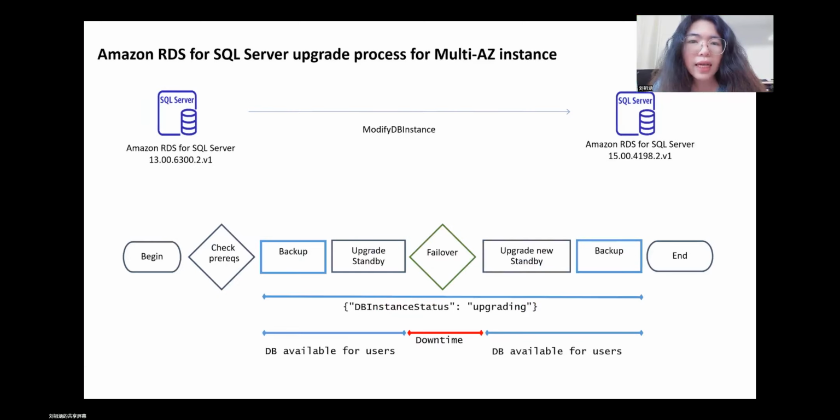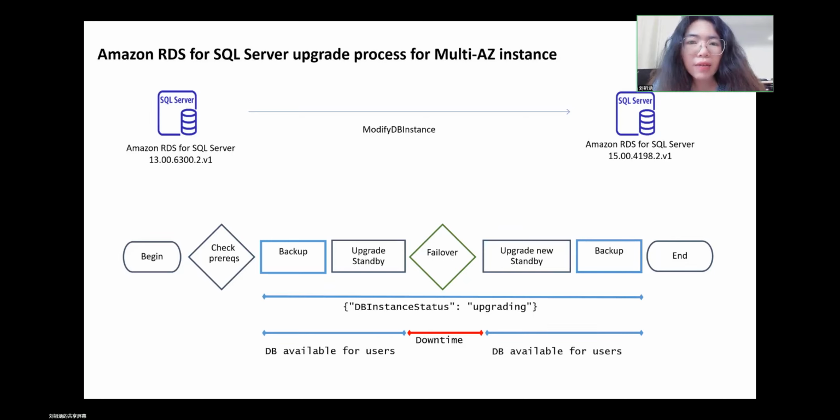It's worth noting that the standby instance will be restarted after the upgrade, and we are not showing the restart box to simplify the diagram. The downtime here is limited to the failover time only. On a multi-AZ configuration, the standby instance will be first upgraded and restarted.